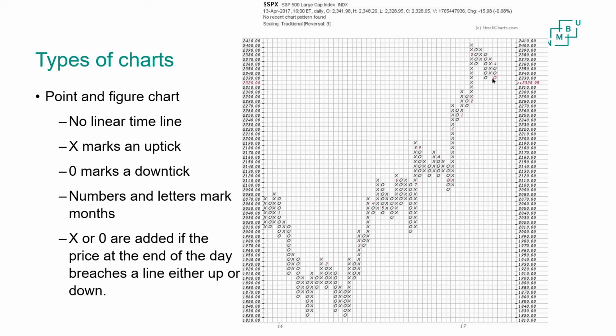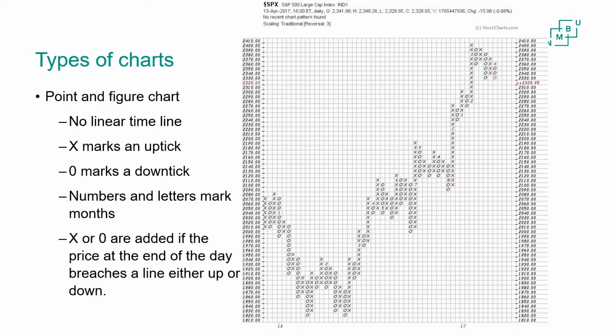For example, here we see that the price went up from below 2340, and it went up until it breached 2370 and 2380. But in April it went down until it is now at 2328.95.